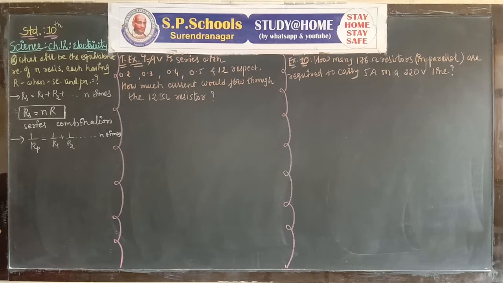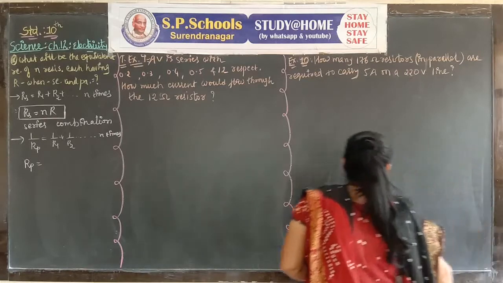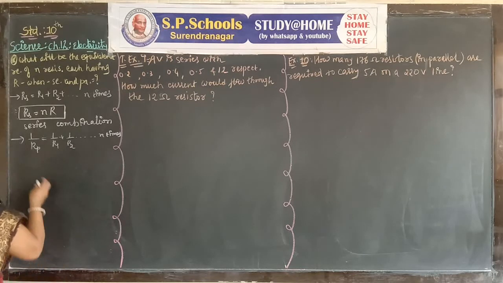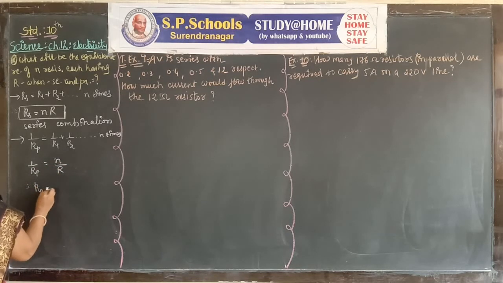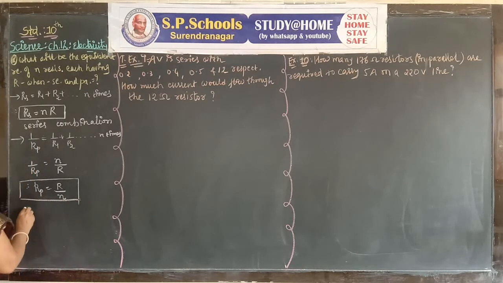Each is 1 upon R, so 1 upon Rp is equal to n times 1 upon R. So Rp is equal to R upon n. This formula is important when we find the number of resistances in parallel combination.